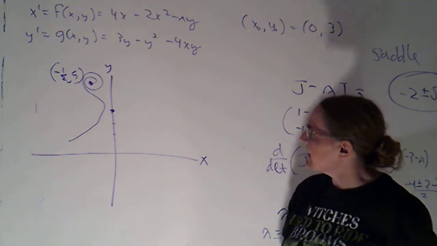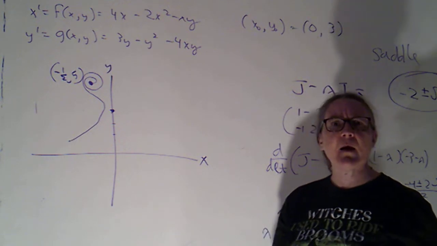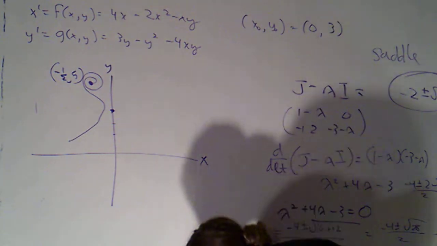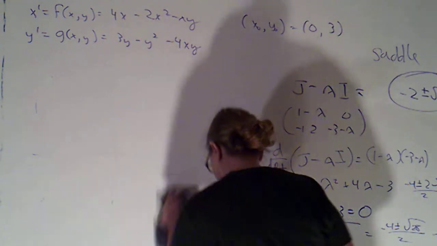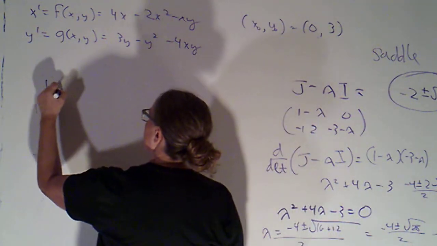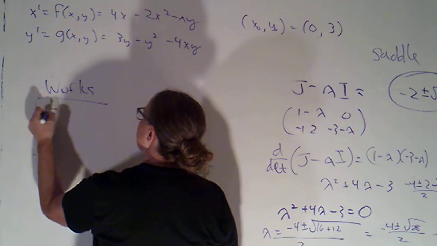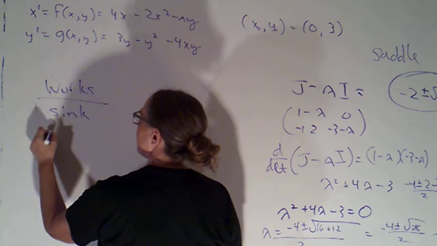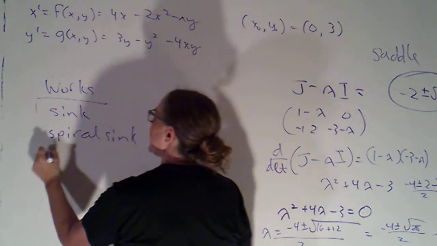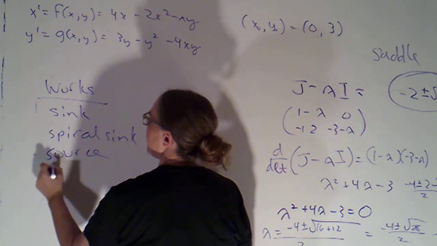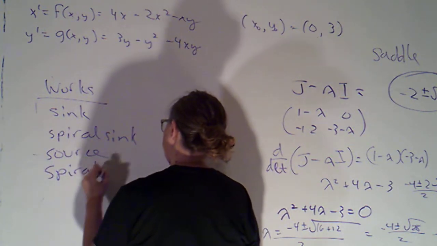Okay. And I guess I can actually talk in this video about when it doesn't work. So it works if we have a sink, and that would include a spiral sink. If we have a source, and that would include a spiral source.